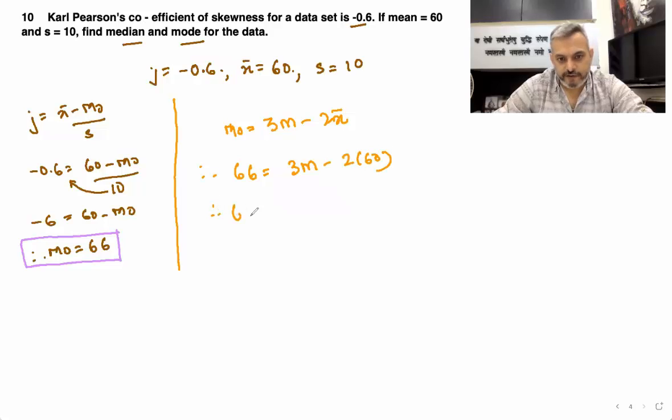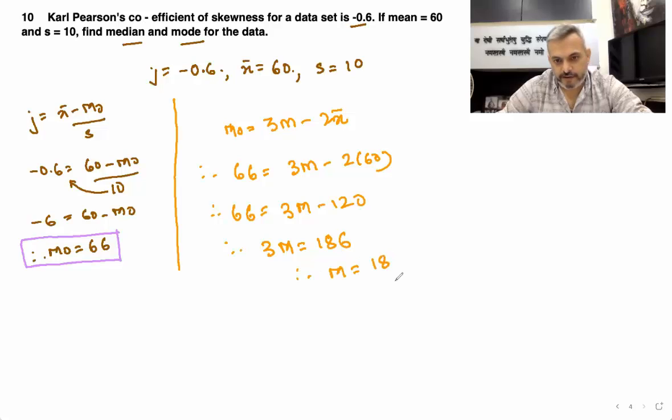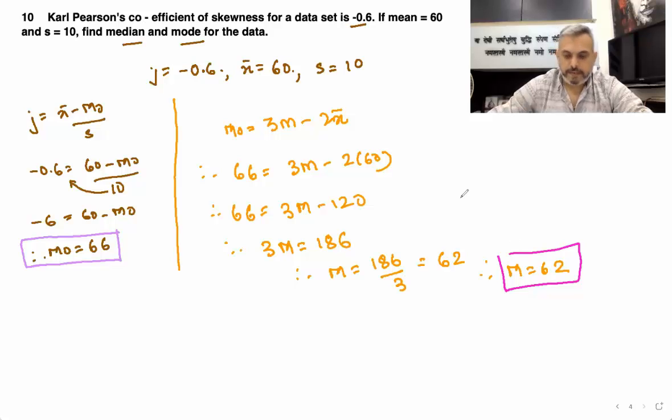So 66 is equal to 3m minus 120. Therefore 3m is equal to 120 will become plus, so 186. Therefore, m is equal to 186 divided by 3, 3 6s are 62. So therefore, median is equal to 62. Got it, all of you?